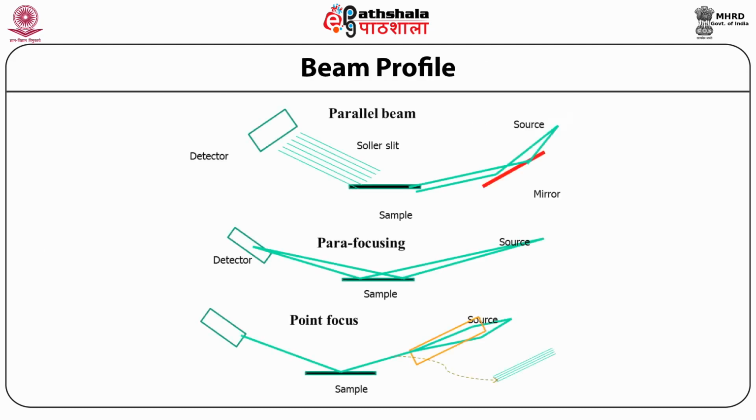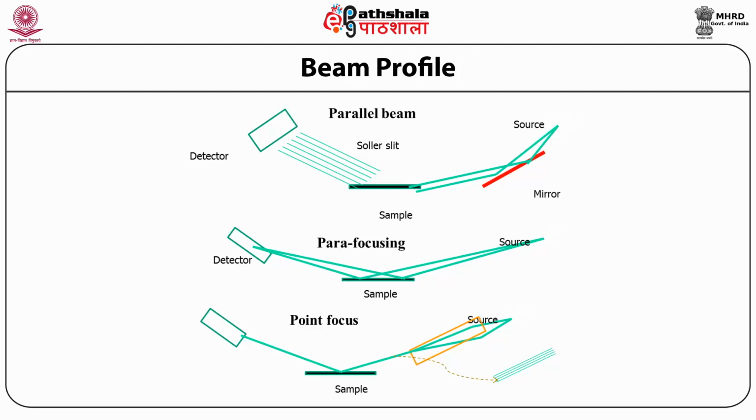The beam profile. There are three types of beam profile as shown in the figure: parallel beam, parafocusing, and point focusing. After the beam of X-rays leaves the X-ray tube, it is filtered to a single wavelength and focused or collimated into a beam of X-rays of a single direction. This is accomplished using filters, focusing mirrors, a monochromator, and or a collimator.